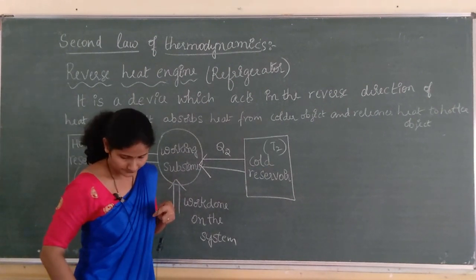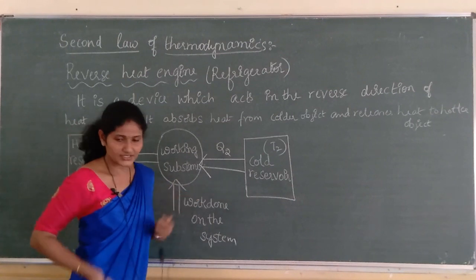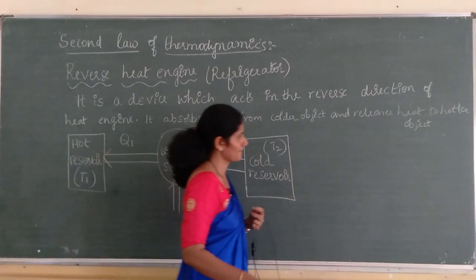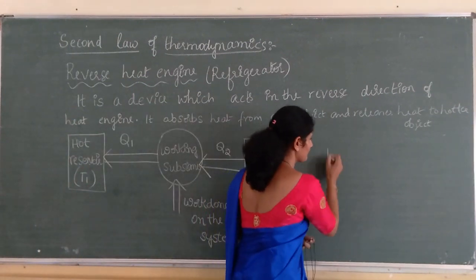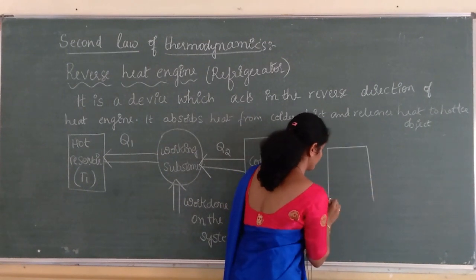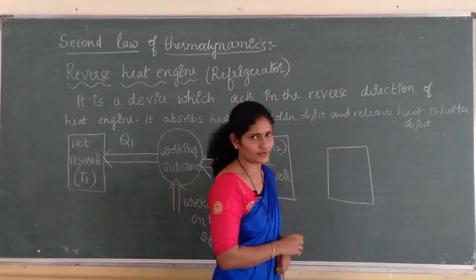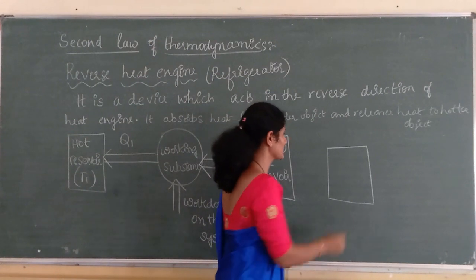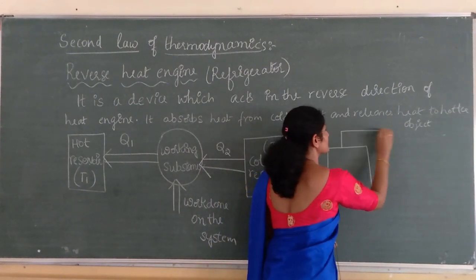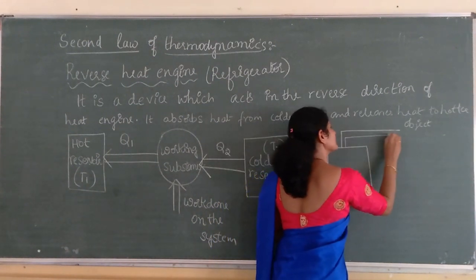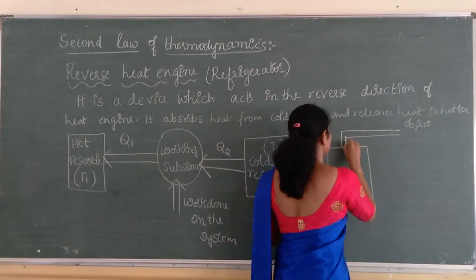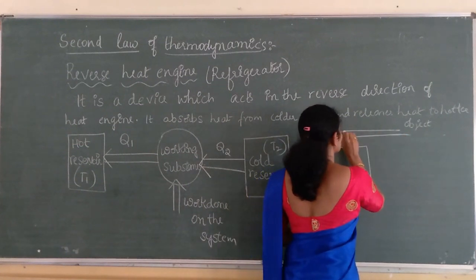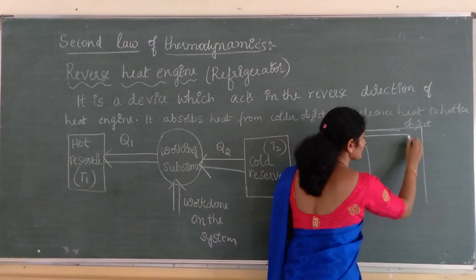For that, consider this. Here you just imagine that this is the refrigerator, the inside view of the refrigerator. So, this is the pipe where the gas is carried from one point to another point.